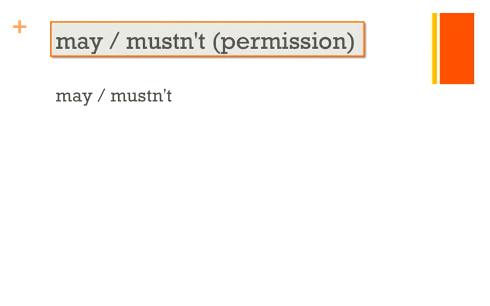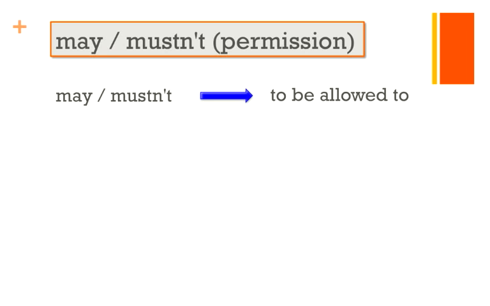You already know from part 2 that modal verbs cannot be put into the different tenses in English. So we're looking for a form that we can put at the place of the modal verb. For can, it was to be able to. For may, it is to be allowed to.